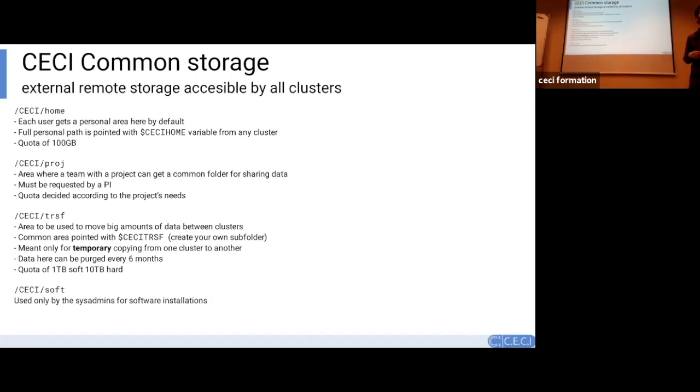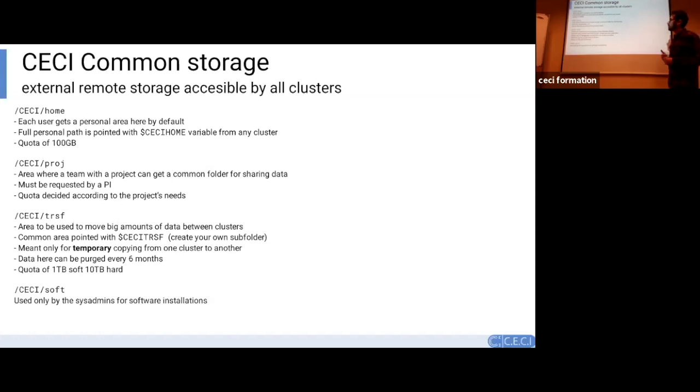Damien mentioned some approaches you might take if you want to share data with a colleague, but in principle, those are all personal areas. No other CECI user by default is able to read or write in these areas. So CECI Proj is really only thought to be, by request, an area we create for a team.